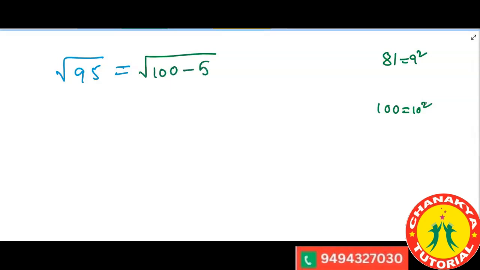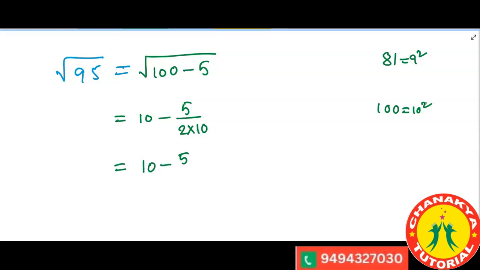Now apply our formula. The square root of 100 is nothing but 10, so it would be 10 minus 5 by 2 into 10, which is 10 minus 5 by 20.